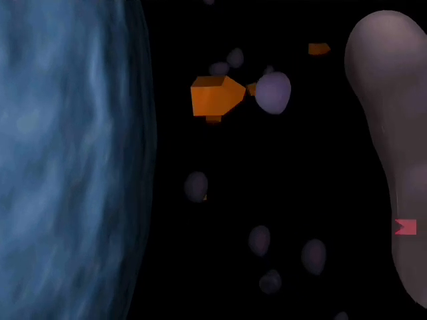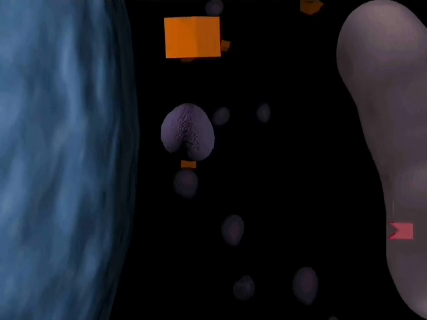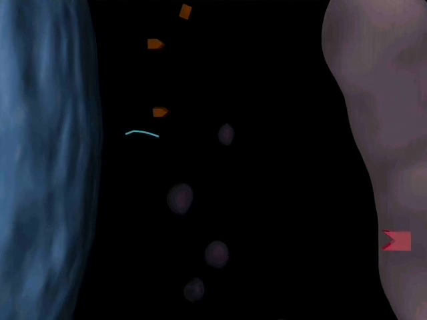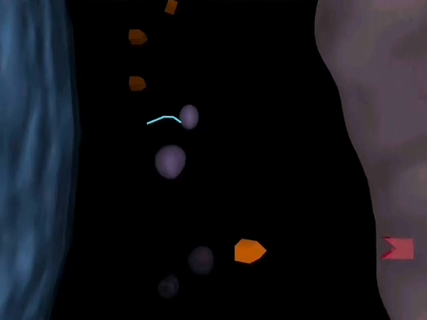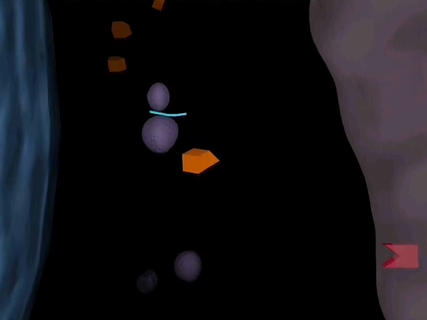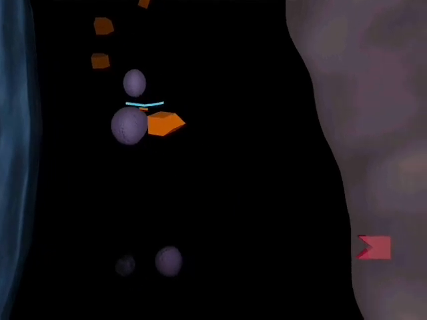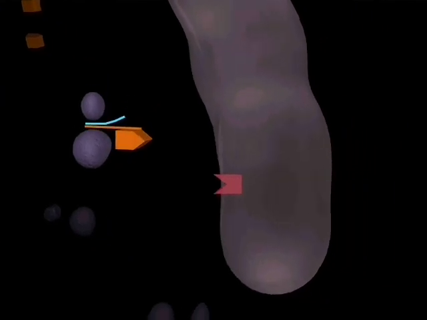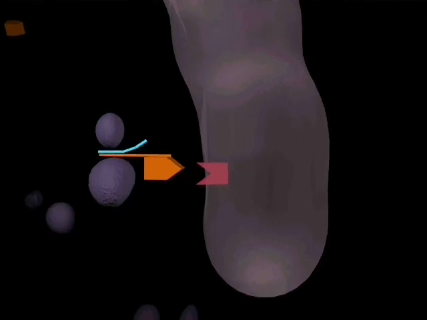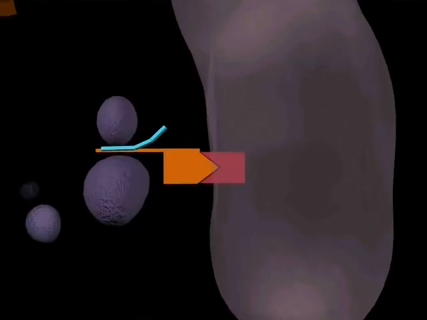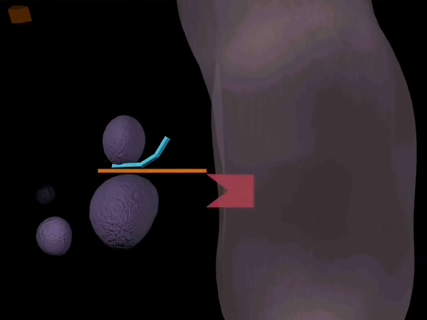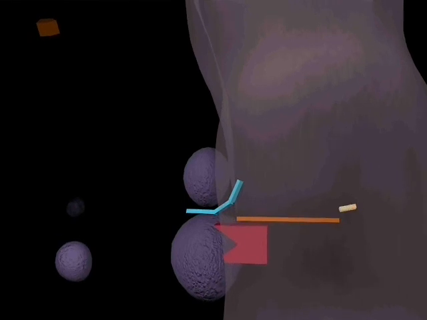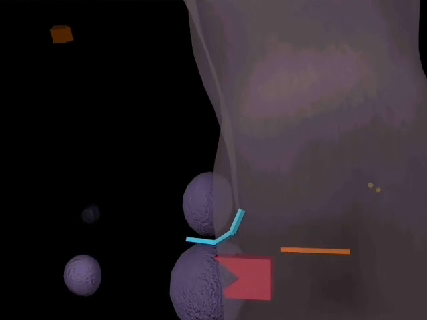Once in the cytoplasm, ribosomes synthesize alpha and beta chains across the membrane of the endoplasmic reticulum. The T cell receptor is now formed by assembly of one alpha chain with one beta chain.